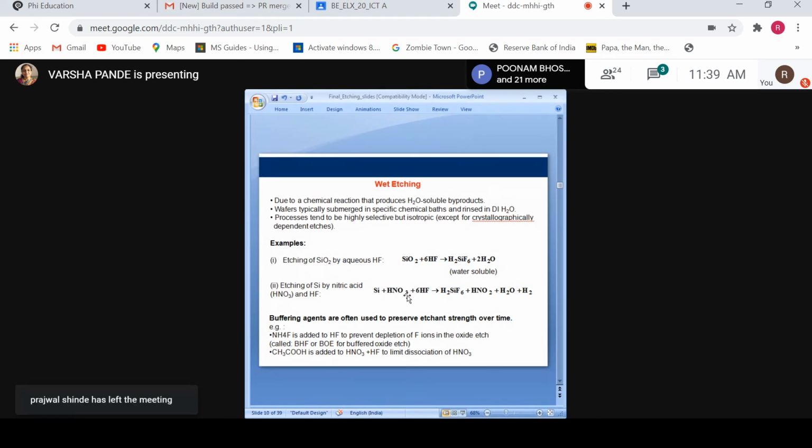If we keep the wafer in this mixed solution, and the remaining part is protected by the mask, then only the part which is exposed will be removed, and such byproducts are produced. Again, these byproducts are water soluble. So like this we can do the etching.